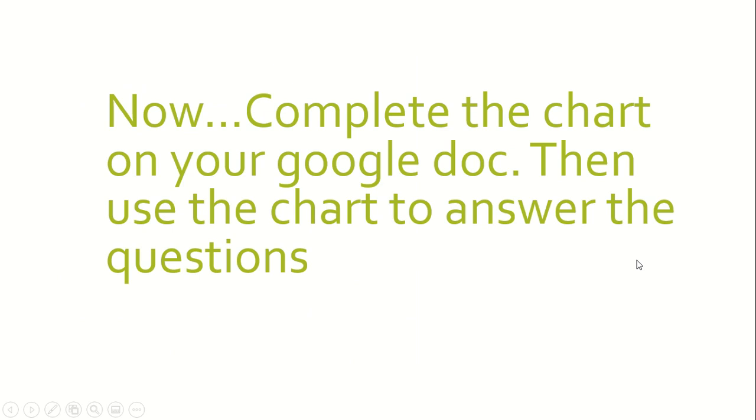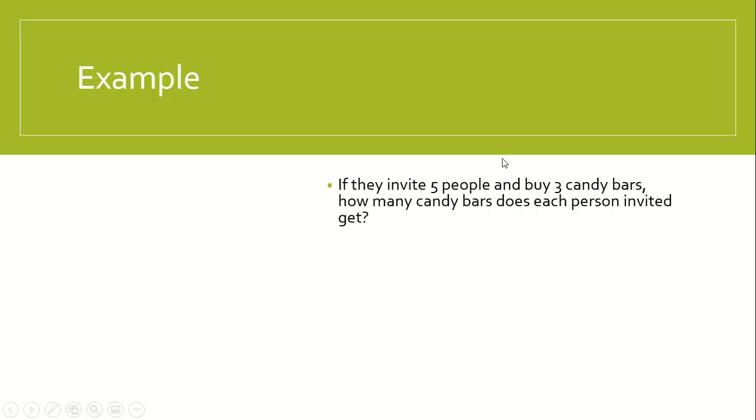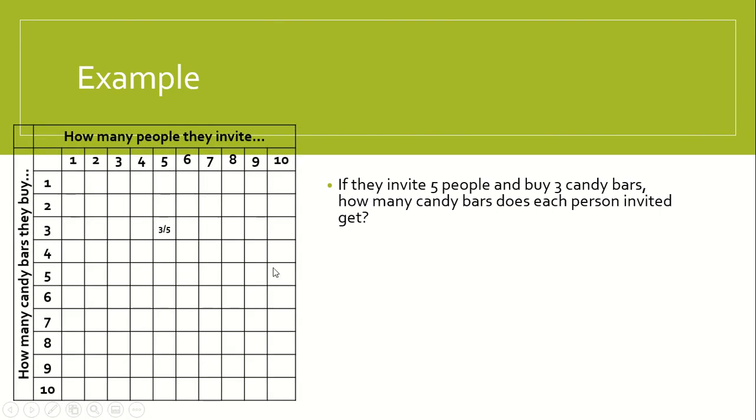After you've completed the chart in your Google Doc, you're going to use the chart to answer the questions that you see below the chart. Here's an example of the type of question that you're going to get. If they invite 5 people and buy 3 candy bars, how many candy bars does each person invited get? You can see I filled it in for you.